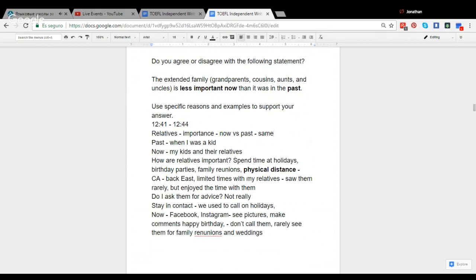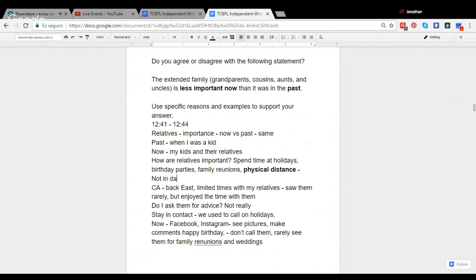I know my cousins back east spent a lot more time seeing each other, once a month, things like that. But because of this distance, I can only see them at holidays. So I didn't see them in my daily life, and basically that reduced how important they were then. They still are relatively far, so I don't necessarily interact with them on a daily basis or call them.